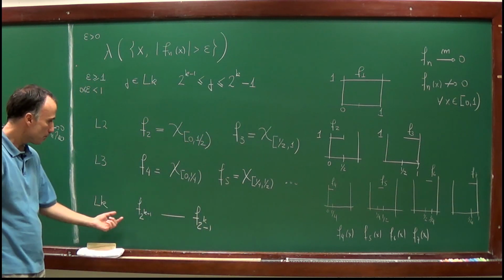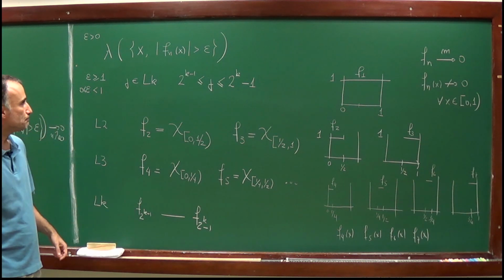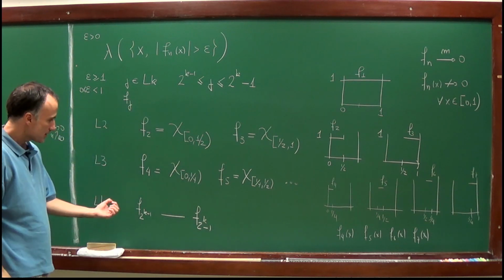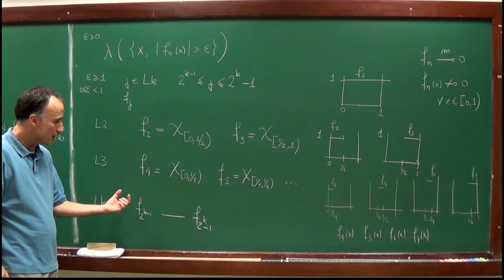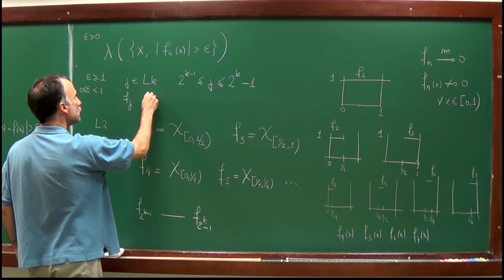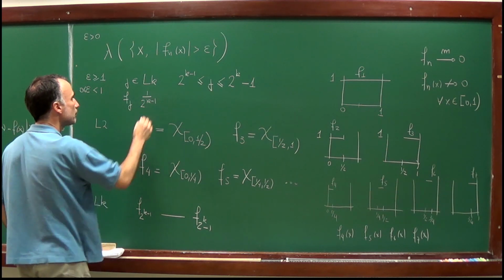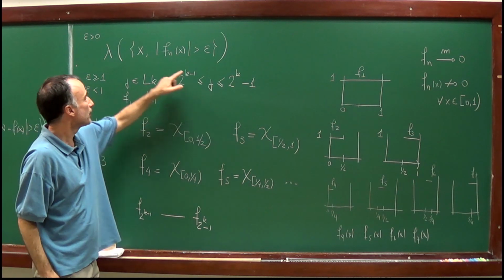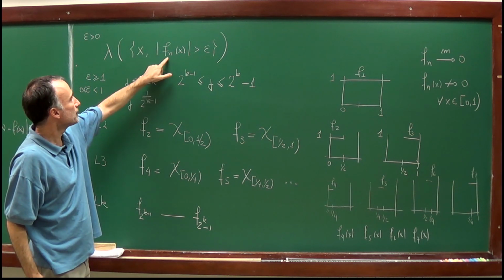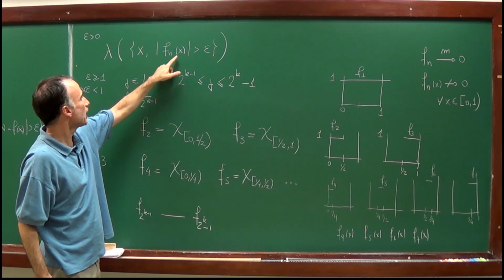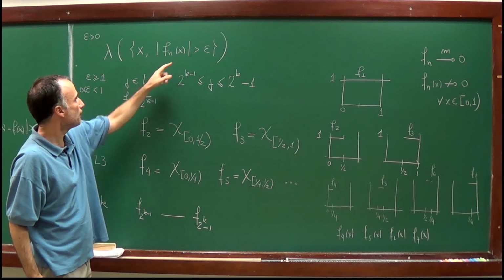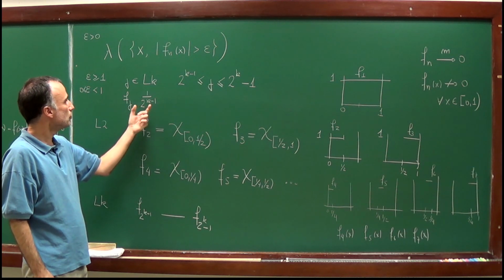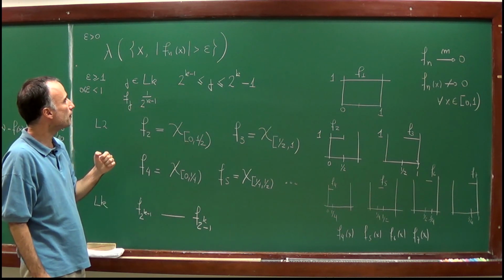Well, if j belongs to this interval, f_j is the indicator of an interval of length 1 over 2^(k-1). Which means that for j in this interval, the measure of the points x for which f_j of x is equal to 1 is the length of an interval of length 1 over 2^(k-1).